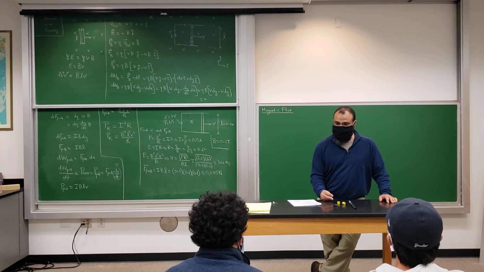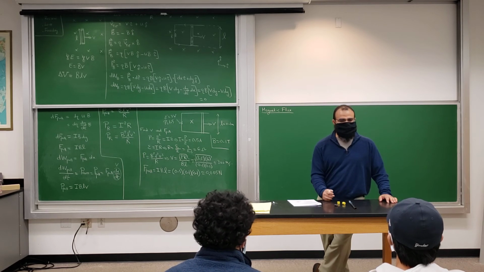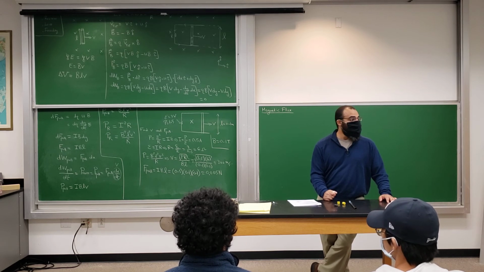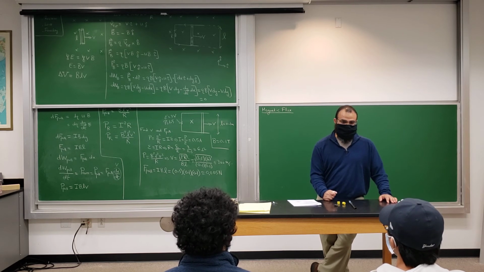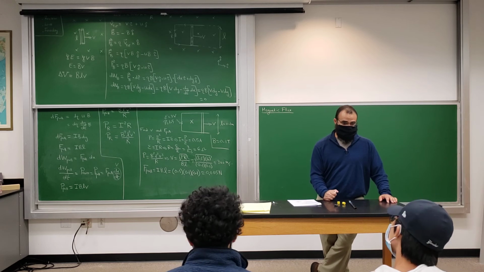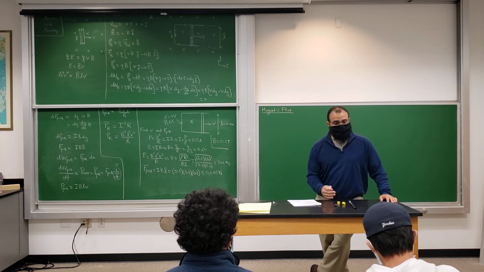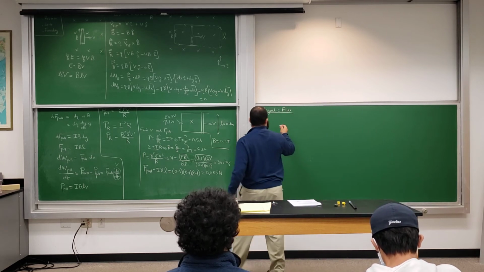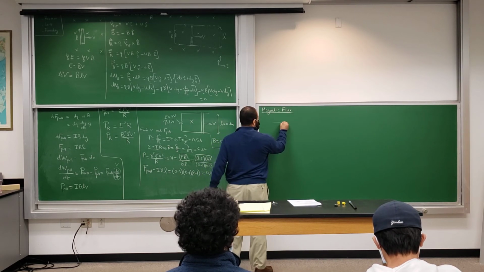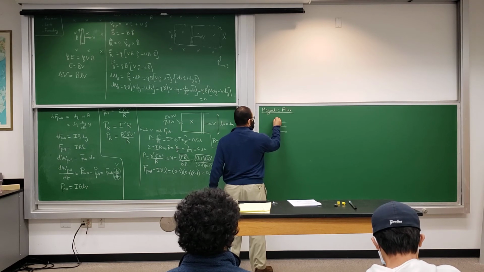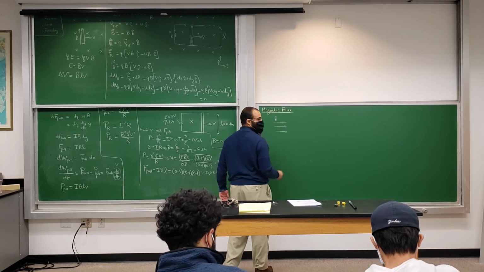It was related to Q, but in terms of just the field and the area: E dot dA, the electric field times the area, basically. So the magnetic flux is the same thing. Suppose I have a magnetic field in this direction.